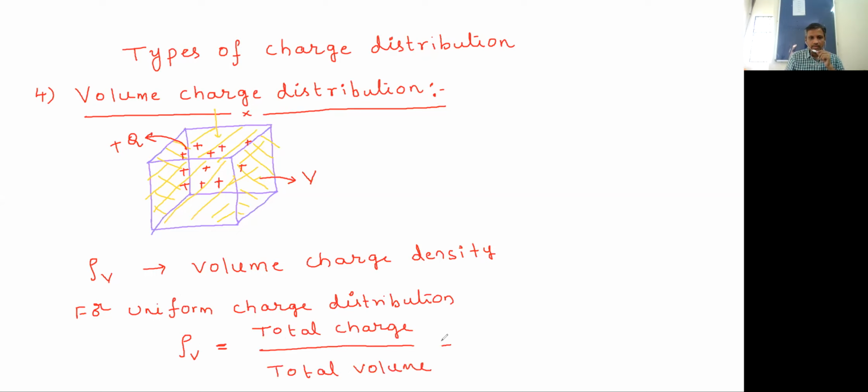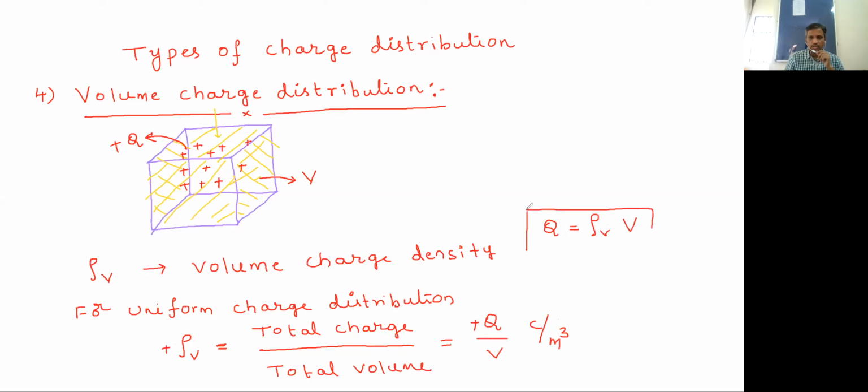Let us denote the charge as plus q and the volume as v. So rho v will also be positive, and the charge unit is coulomb and the volume unit is meter cube. If you want to find the total charge in this uniform charge distribution, simply multiply rho v with the total volume.